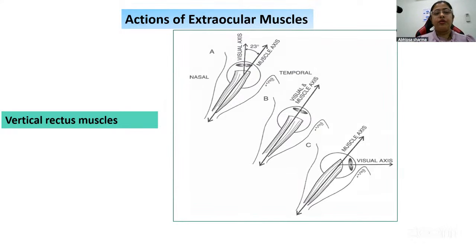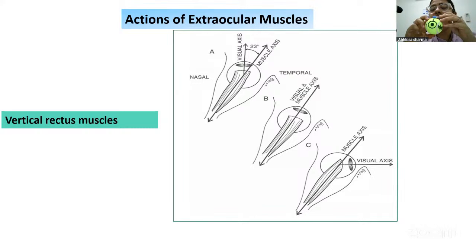Similarly, when you are coming to the vertical rectus muscles, as I have explained before also, if you consider this as the visual axis, the y-axis, the superior rectus is coming and making an angle of 23 degrees with the visual axis. This also you can see in the diagram. You have to remember that it inserts in the anterior part of the eye.